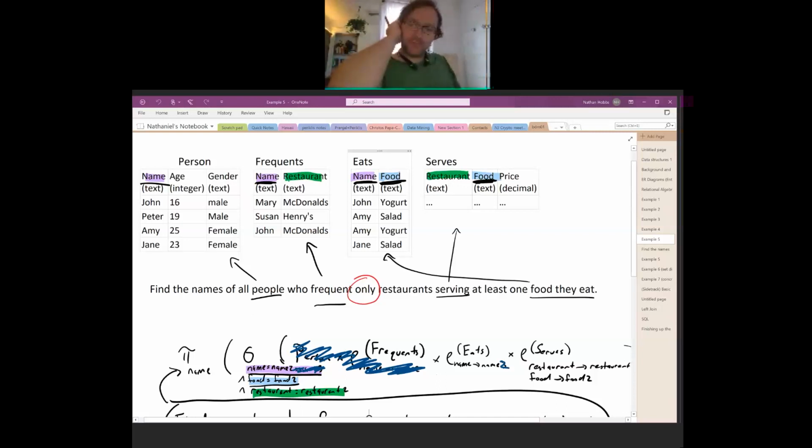Okay. Let's look at this query. Find the names of all people who frequent only restaurants serving at least one food that they eat. Let's see if this works. Frequents, eats, serves.